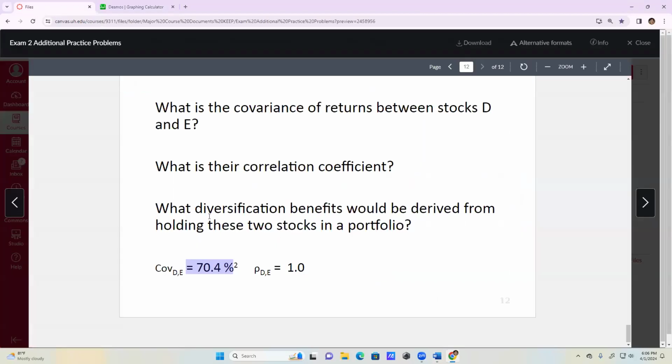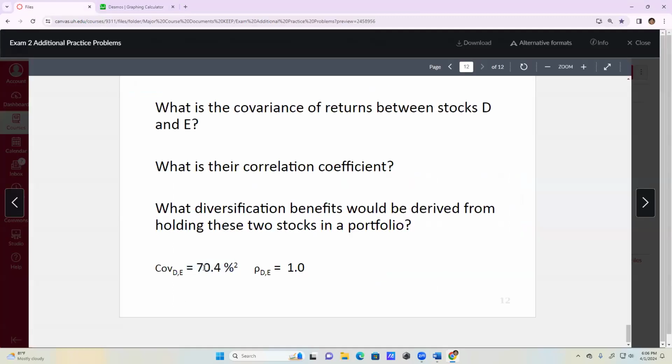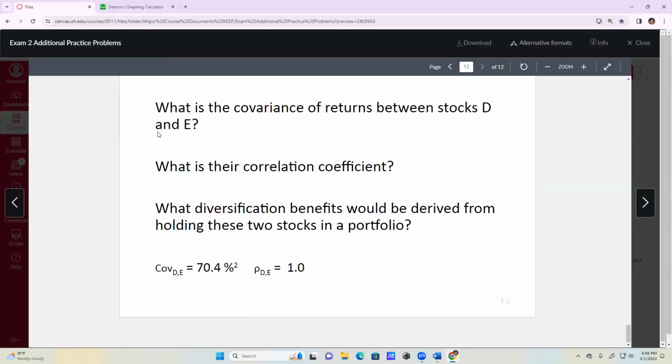Let me double check if it's correct. This one you guys see is 0.007, but the answer is 7.4, right? If you multiply this by 100, it's not equal to that. It's not equal, right?